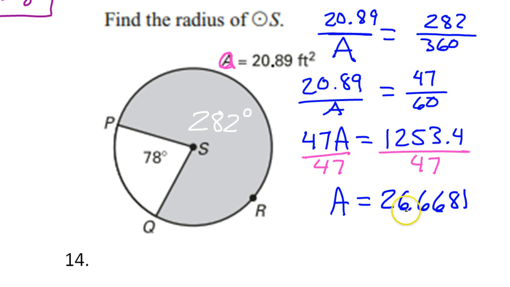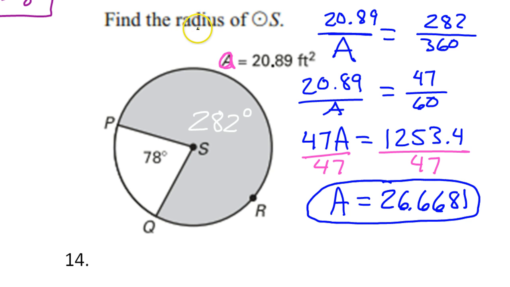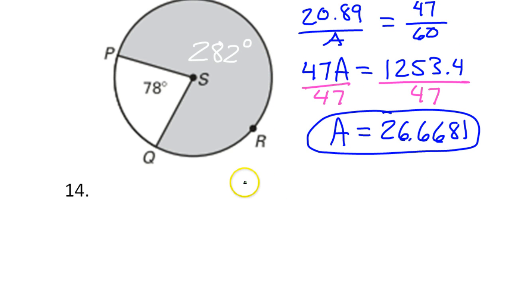Okay, so we found the area of the whole circle, but we're not done because we're supposed to be finding the radius. But now that we have the area, we can use the area formula to find the radius. So I'm going to switch colors on it. We know the formula for area of a circle is area equals pi r squared.